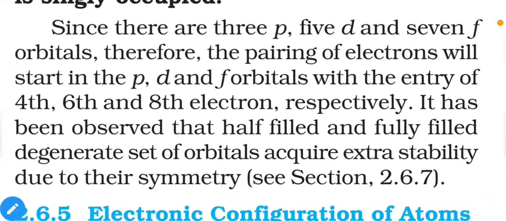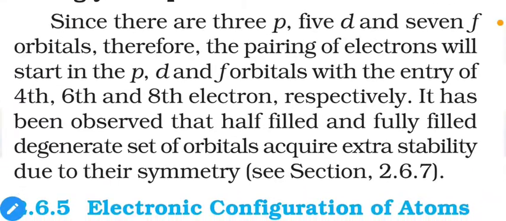Since there are 3 p, 5 d and 7 f orbitals, the pairing of electrons will start in p, d and f orbitals with the entry of the 4th, 6th and 8th electron respectively. It has been observed that half-filled and fully filled degenerate sets of orbitals acquire extra stability due to their symmetry.